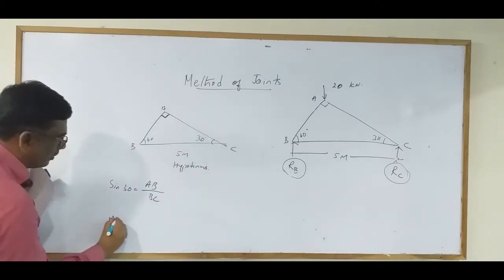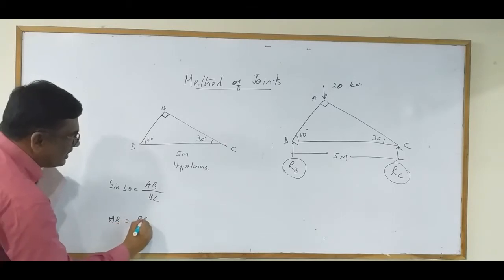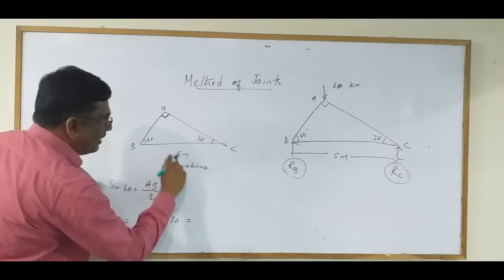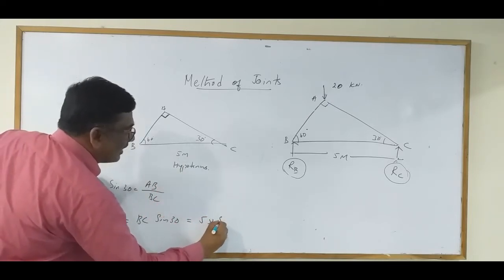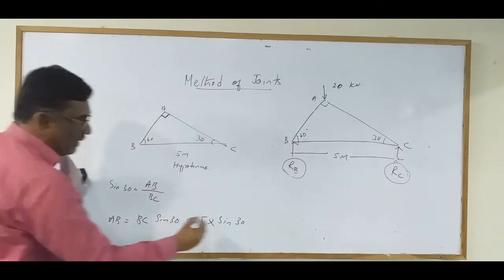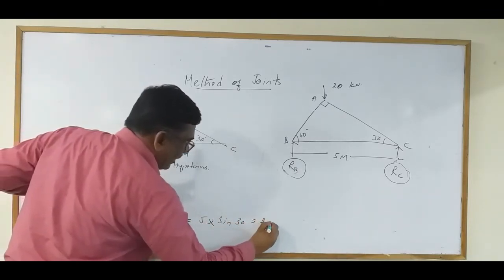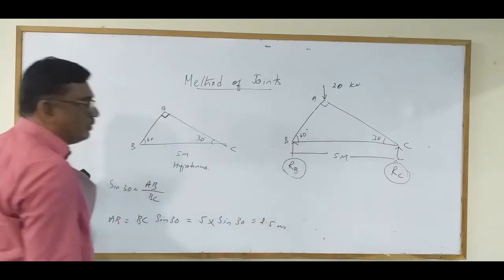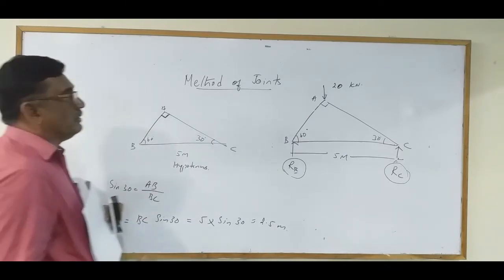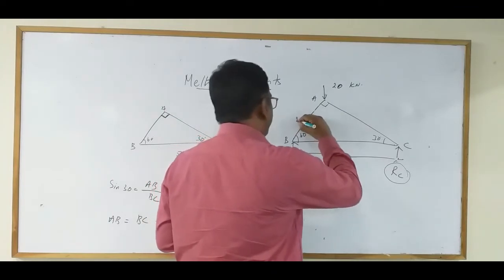AB alone equals BC sine 30, and BC is 5 meter, so 5 into sine 30. Sine 30 is 0.5, so this value is 2.5 meter.